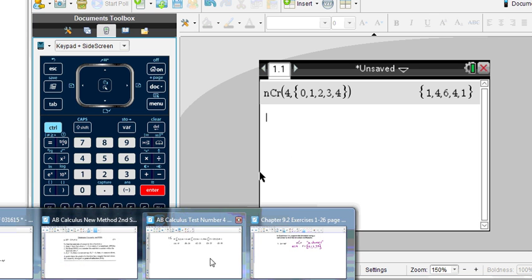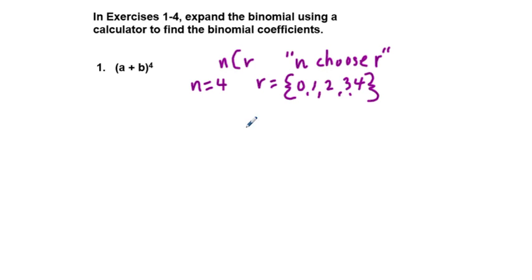So that's the binomial pattern we're going to use. We go back to our exercise and write 1, 4, 6, 4, 1. It's going to be symmetrical when you have an expansion.